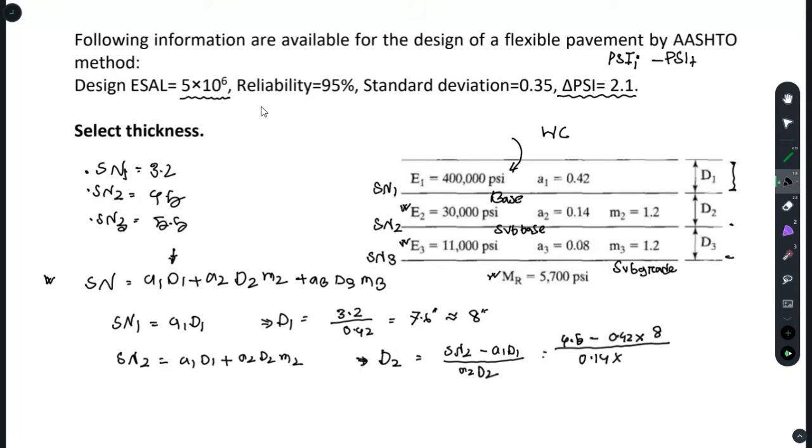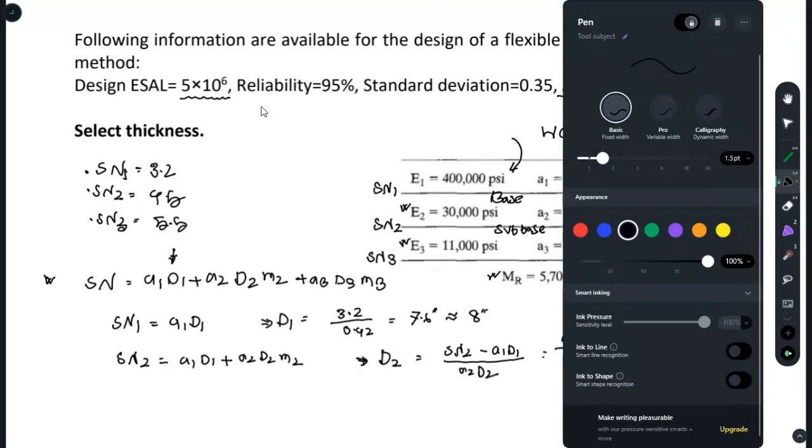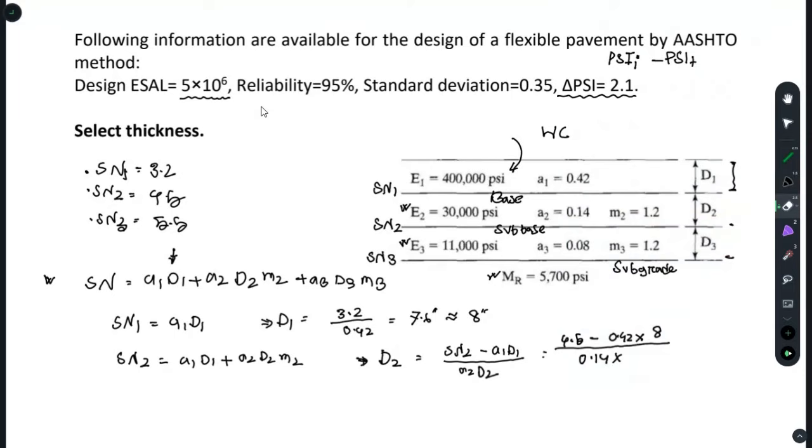It will be multiplied by M2. Our M2 was 1.2. Well, the value would be 6.8 inch. You will round it up to 7 inch.